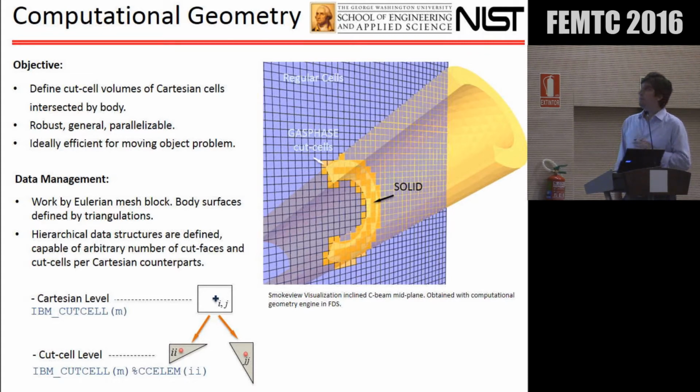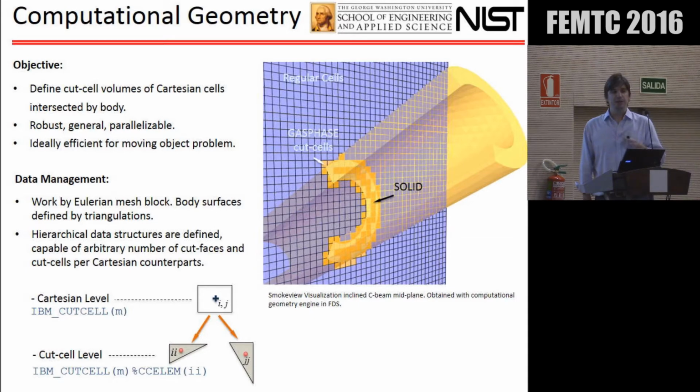So one of the decisions we took was to use data management through a data structure, where we basically assume that we have two levels of refinement on a mesh. The first level is just the basic Cartesian grid in FDS.